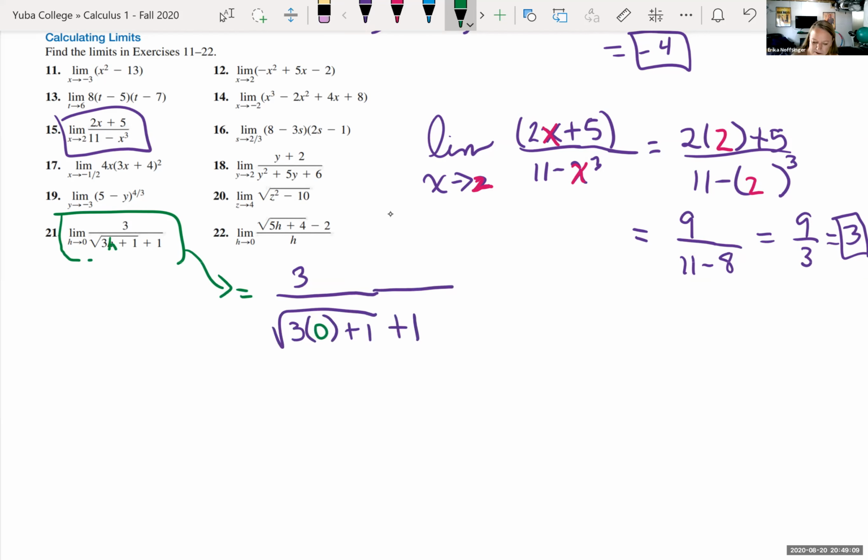And so simplifying that, I get 3 in the numerator all over the square root of, well, underneath that radical, I have 3 times 0 plus 1, which is the square root of 1, which I know is also just 1. And so I'm left with 1 plus 1 in the denominator, which is 2. And so the limit here is just 3/2.